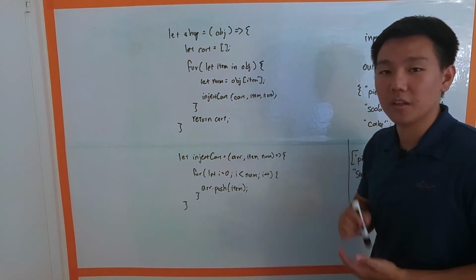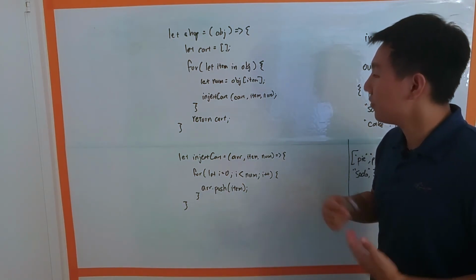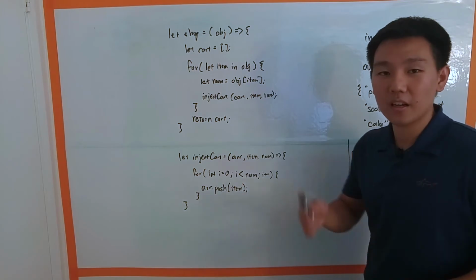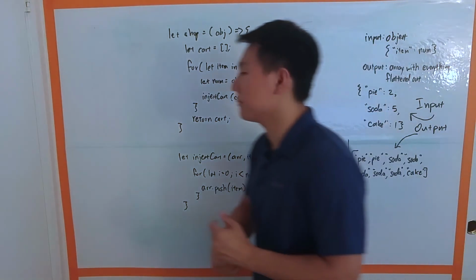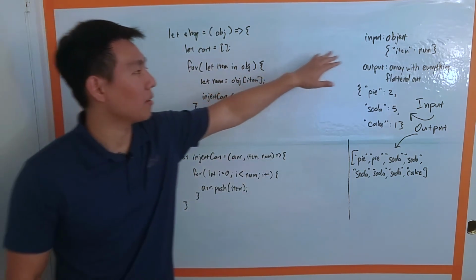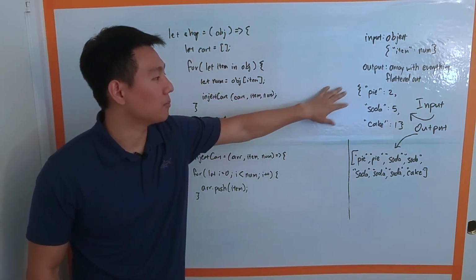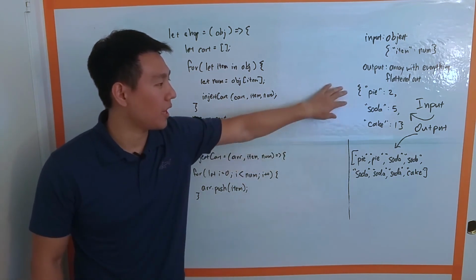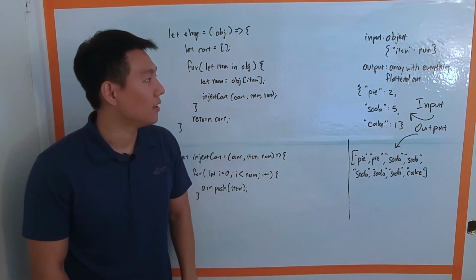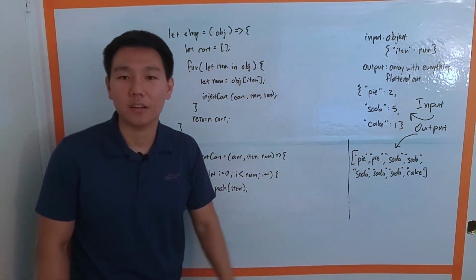Helper functions are definitely a good thing. And if you do have a chance to use helper functions, I always recommend you do. And so this question was about going through an object, reading the data from it, and putting that inside the array. It doesn't have a title, I just thought of it.